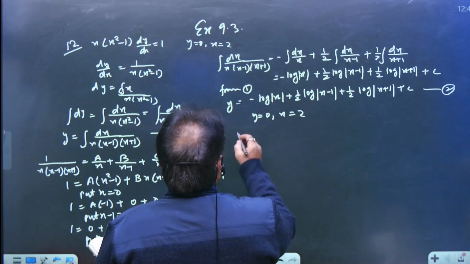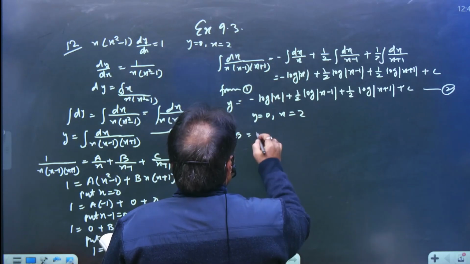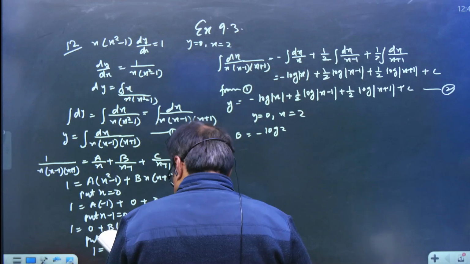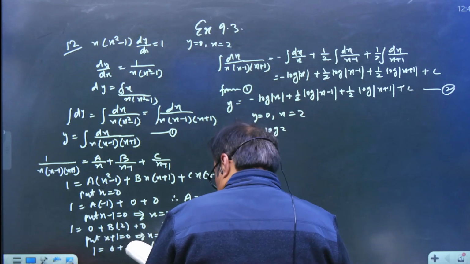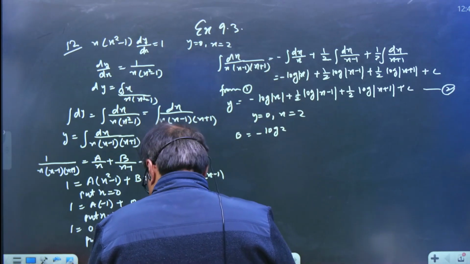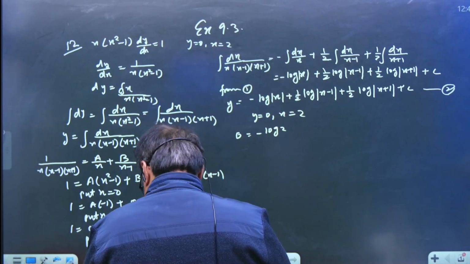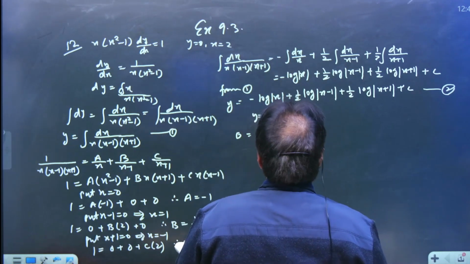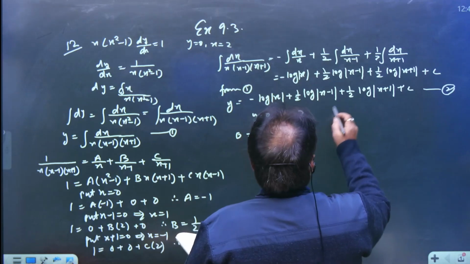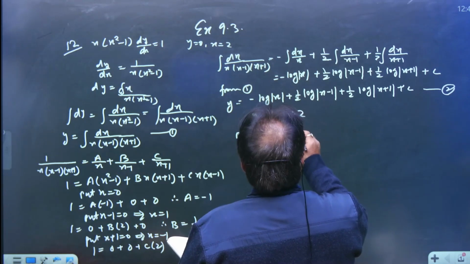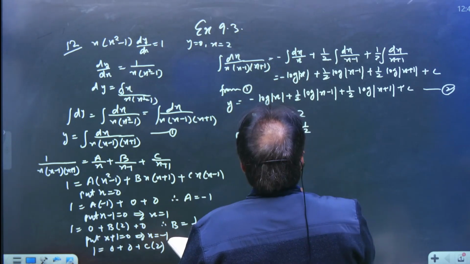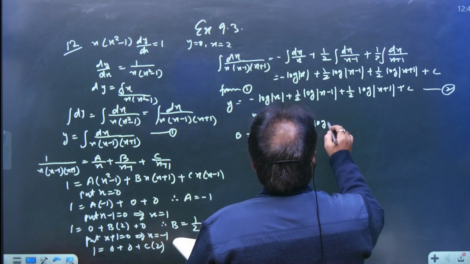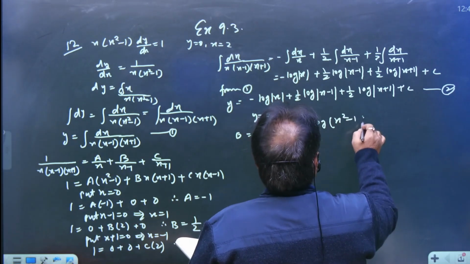So y is 0 and x is 2. So this is minus log 2, minus log 2. Okay, minus log 2, and this can be written as 1 by 2 and log of x square minus 1.